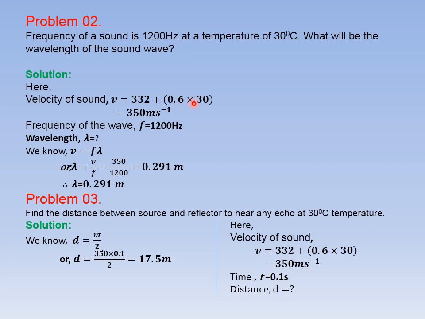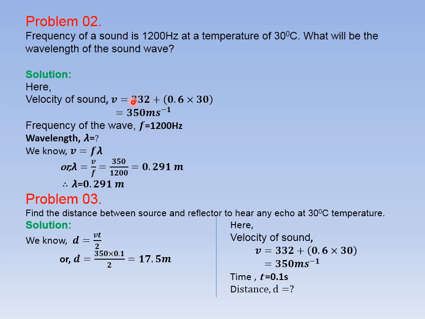As the temperature is 30 degrees centigrade here, you have to multiply 0.6 by 30, and the 332 means the velocity of sound at 0 degree centigrade temperature. You can write 330 also. 330 or 332 is a value of the velocity of sound at 0 degree centigrade temperature.